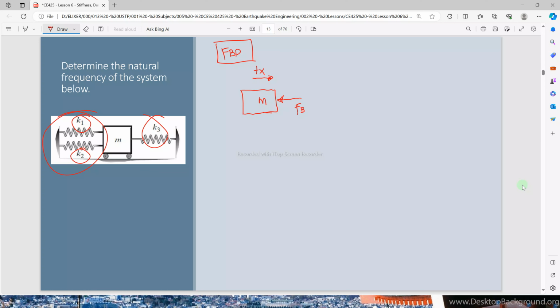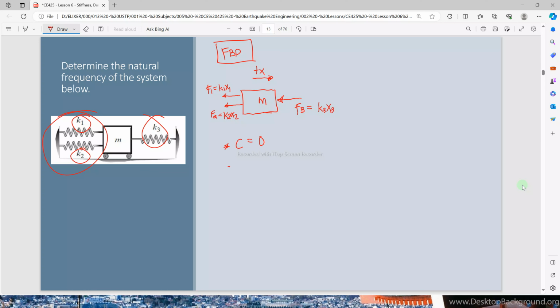So we have our force 3 here equal to K3 x3, and we also have our force 1 and force 2 here. Force 1 is equal to K1 x1, and force 2 is equal to K2 x2.